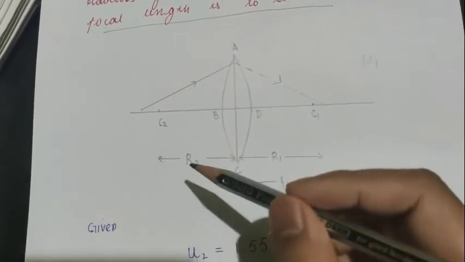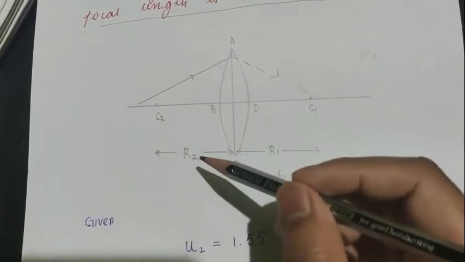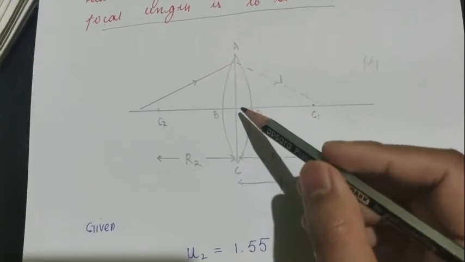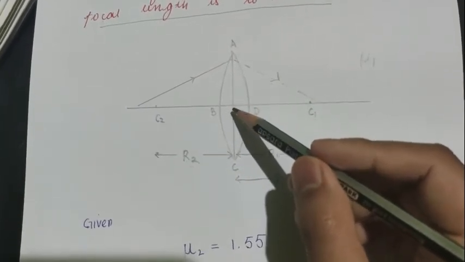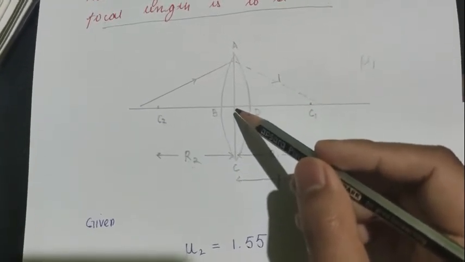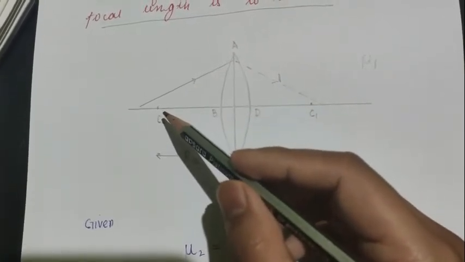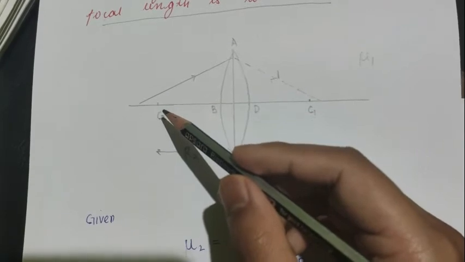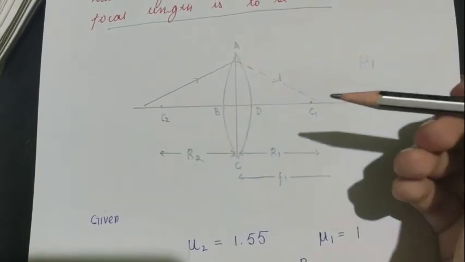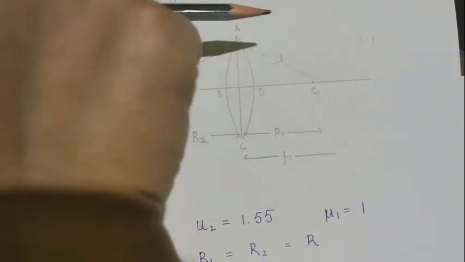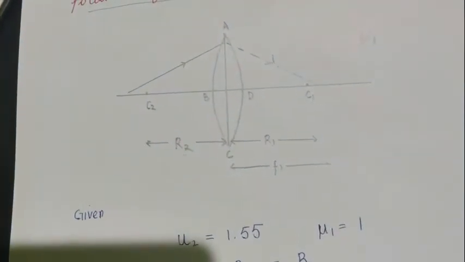Similarly, your R2 is again measured from your optical center O to the center of curvature C2. Now, in which direction is it measured? From right to left. And my incident light goes from left to right. Are they in the same direction?